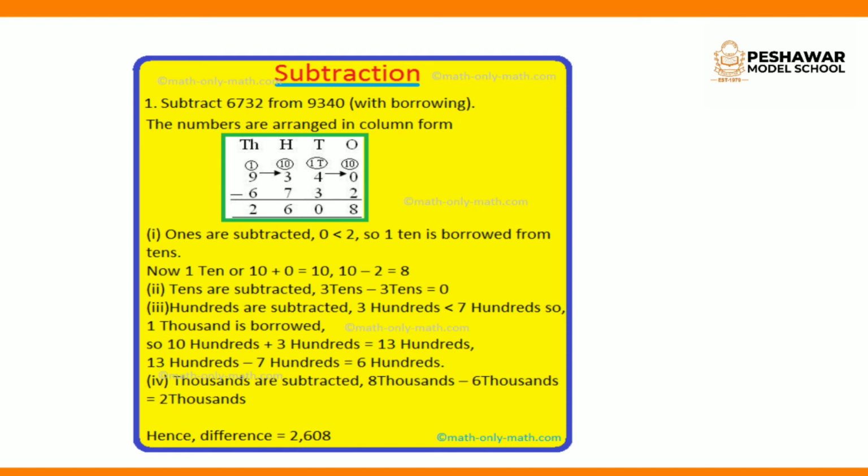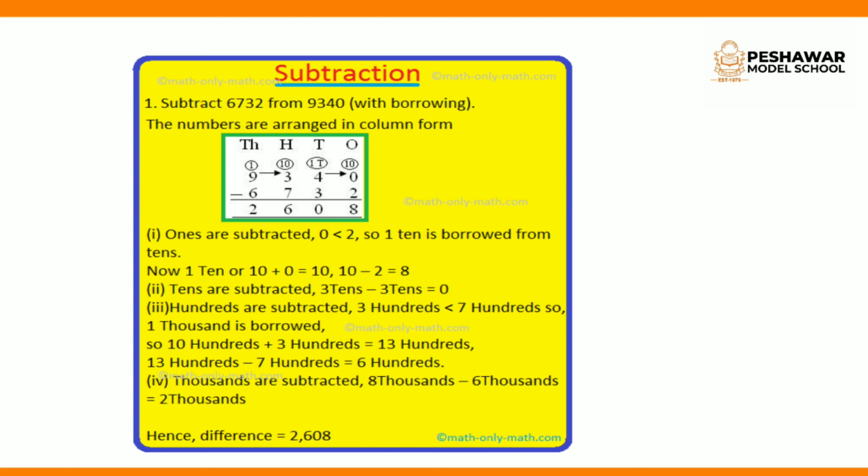There is another example for subtraction. In subtraction you have to be very careful. Addition is very easy, but in subtraction you have to solve the question very carefully. Now subtract 6,732 from 9,340 with borrowing. The numbers are arranged in column form.